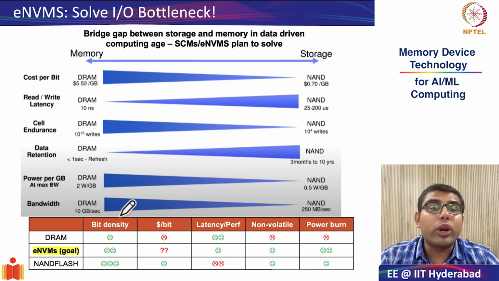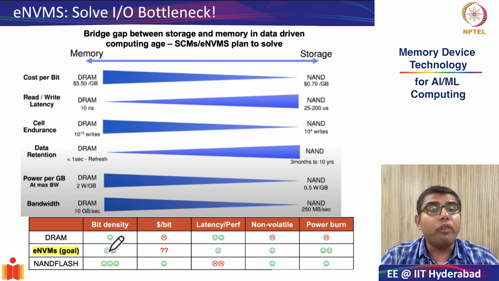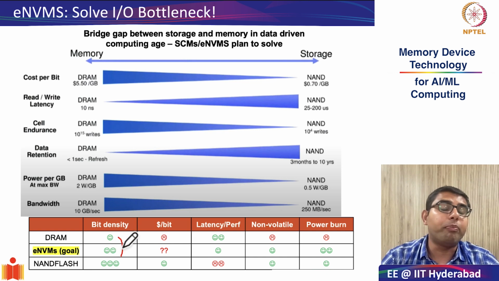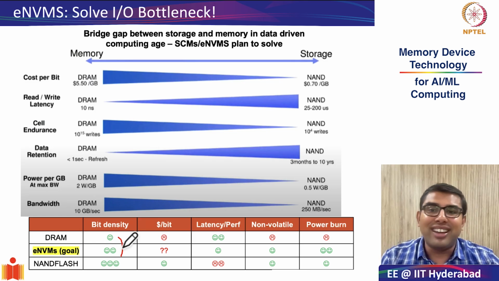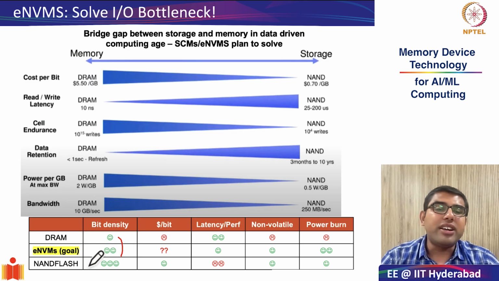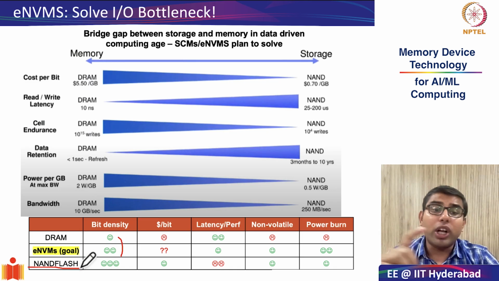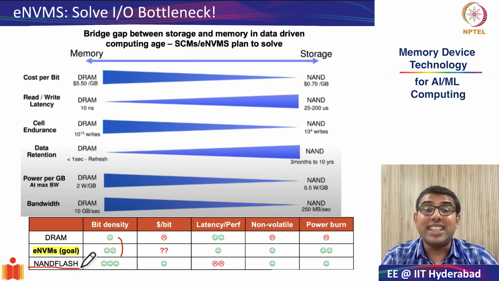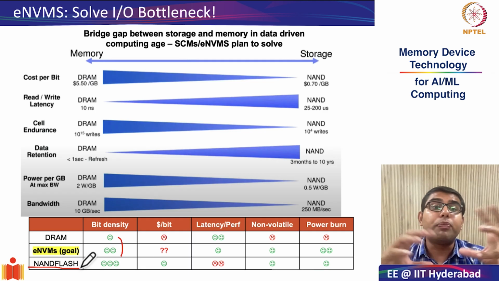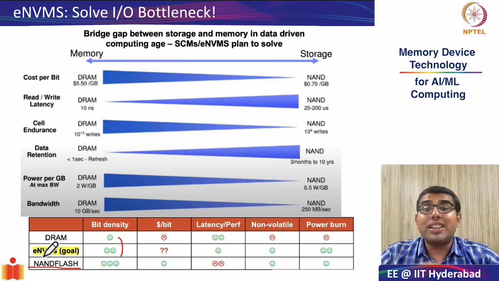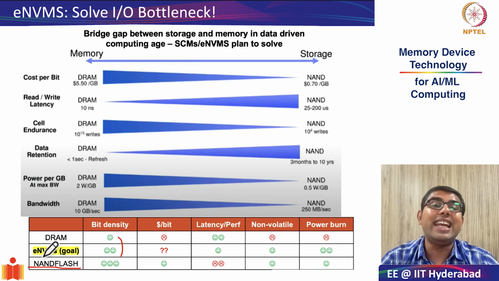So first, let's look at bit density. The goal of eNVMs is definitely to have higher bit density compared to DRAM. But of course, the jury is still out on it, I doubt that you will be able to achieve much larger bit density compared to NAND flash. One, because it is a mature technology. The other reason is that the 3D NAND configuration is something very, very remarkable, and we yet need to see whether this kind of 3D packing is possible in eNVMs.